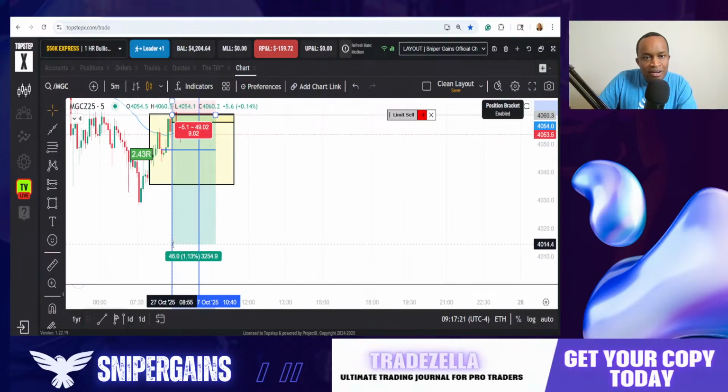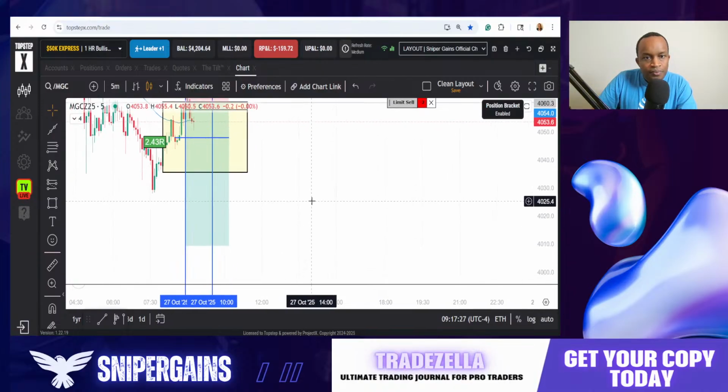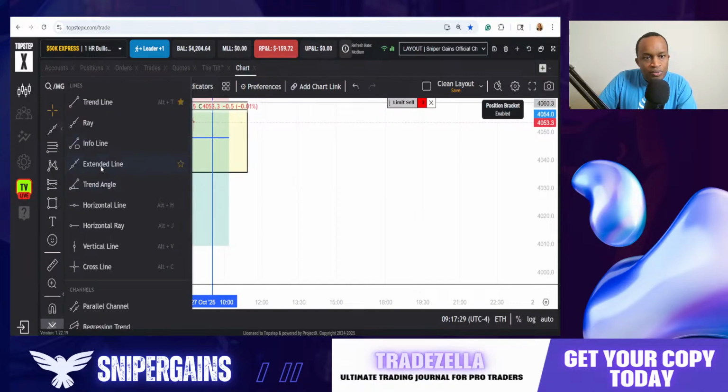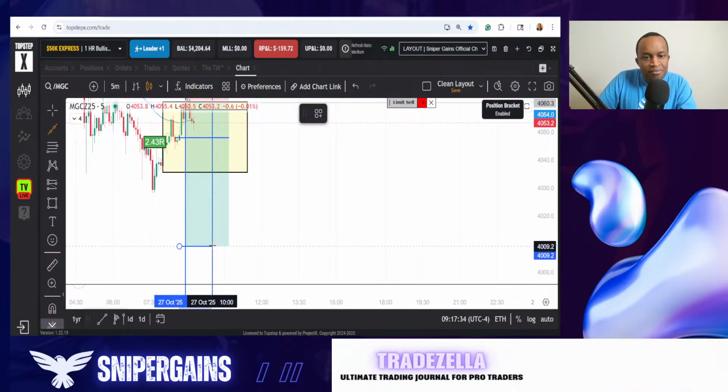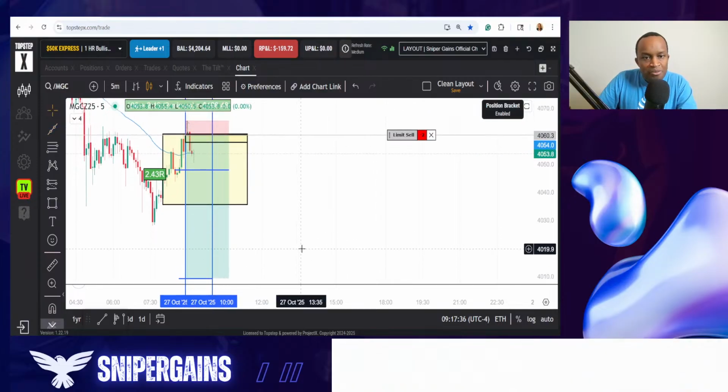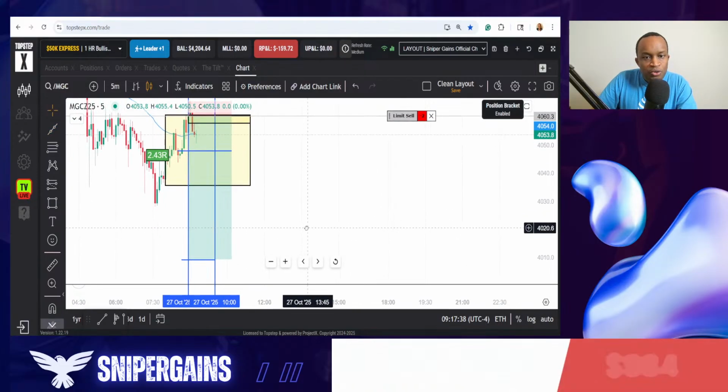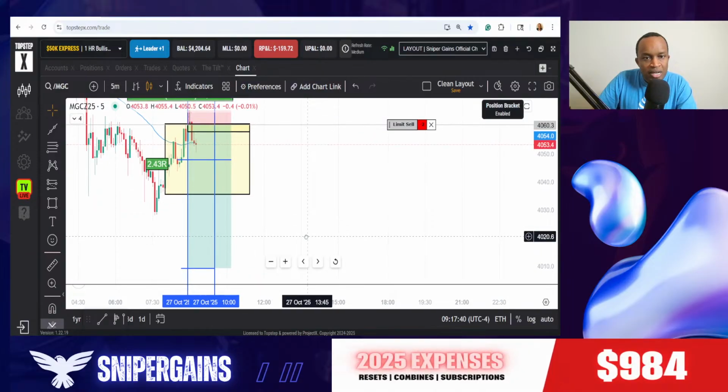But even in the worst situation possible, I can use a trailing system that I've developed called the Sniper Gain 5-minute trail.